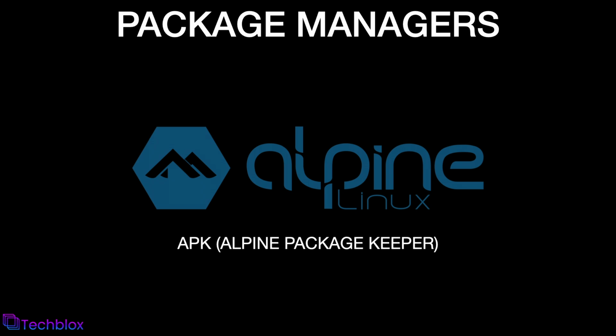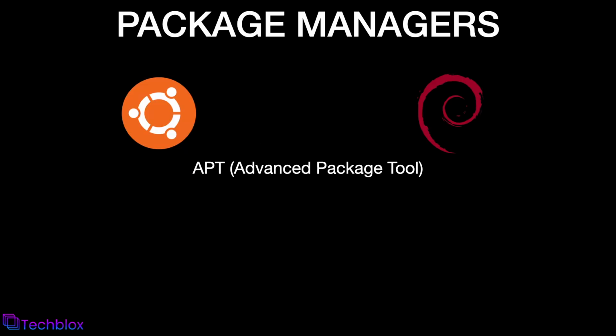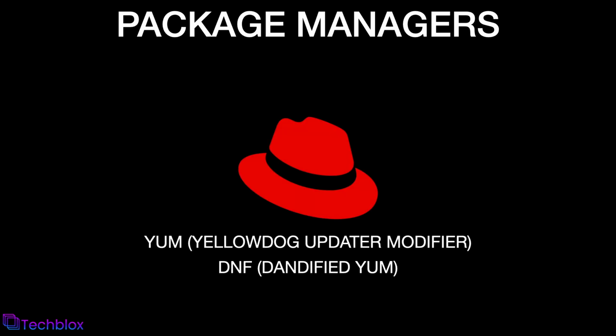But why are there multiple package managers? It all comes down to the history and philosophy of each distribution. Each distro has its own approach to packaging, dependency resolution, and system maintenance. For example, Debian-based distros use the apt system for robust dependency handling and ease of use. Red Hat-based distros use yum or DNF for enterprise-grade package control.